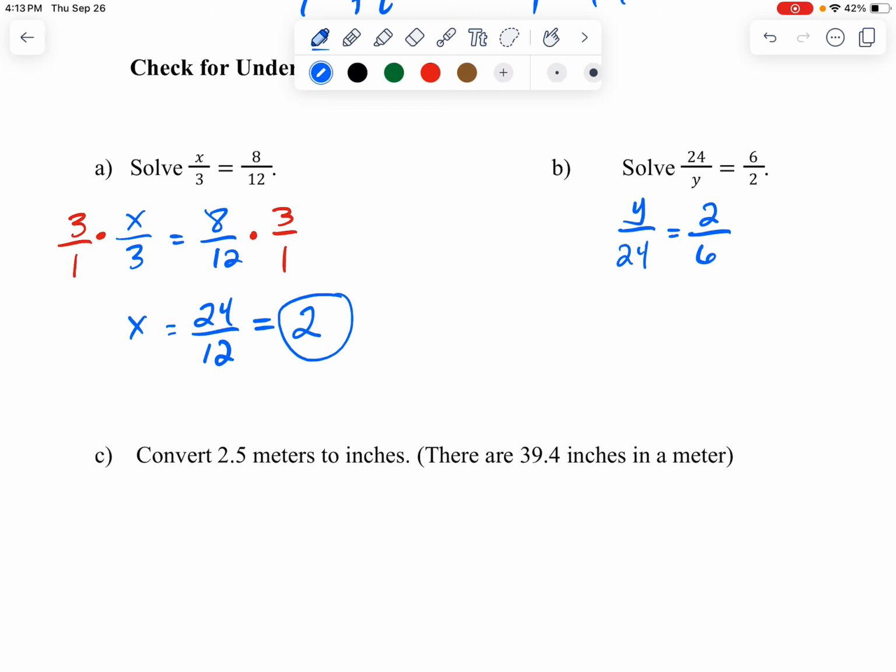I've got y divided by 24, so to get y by itself, I'm just going to multiply by 24. And I like to think of that as 24 over 1. On the left, we'll have just y, and on the right, 24 times 2 is 48. On the bottom, I've got 6. Do that division, and we end up with 8.